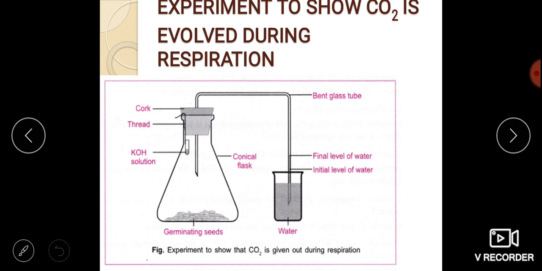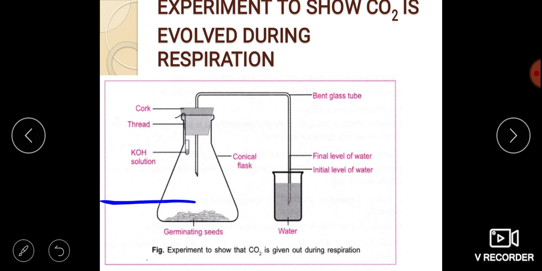This is an experiment which shows that carbon dioxide is evolved during respiration. It is generally asked also in the examination. What you have to do here is take a conical flask and keep germinating seeds in it. These germinating seeds respire, and as a result of respiration, they produce carbon dioxide.